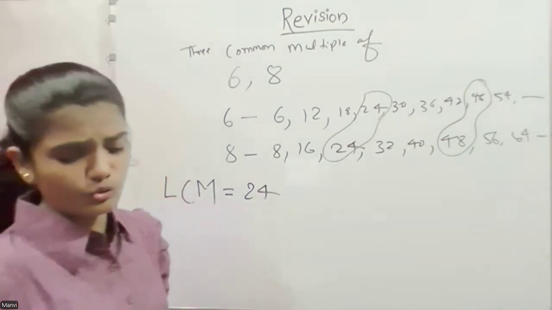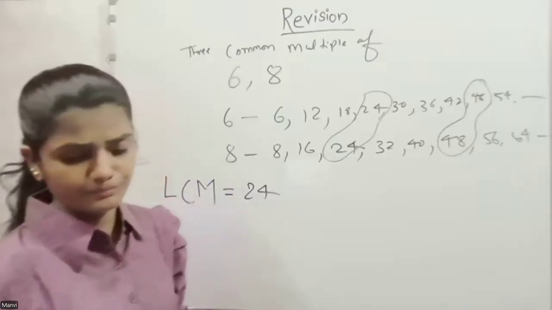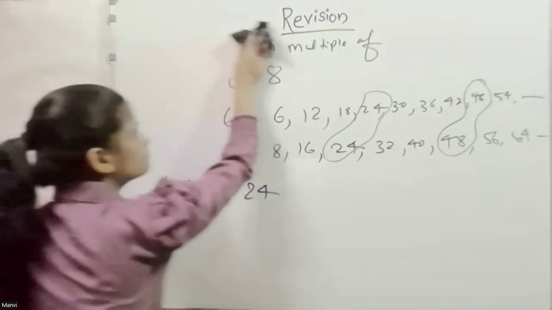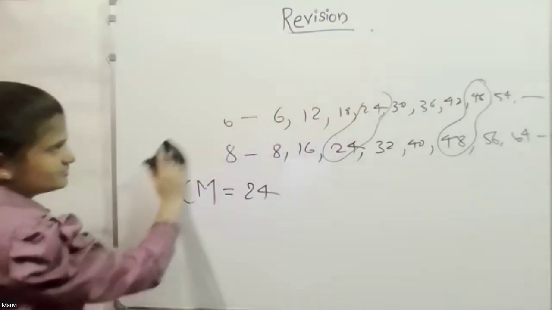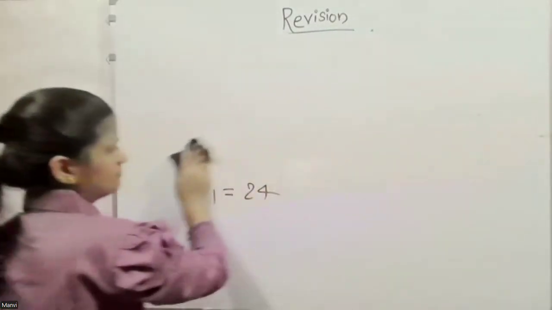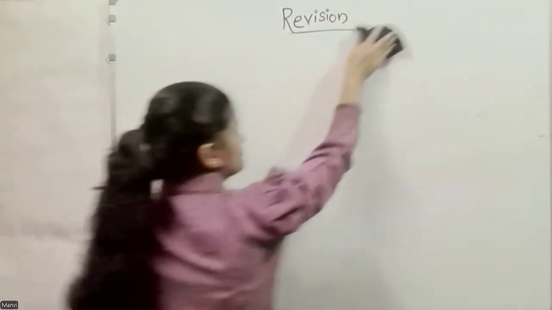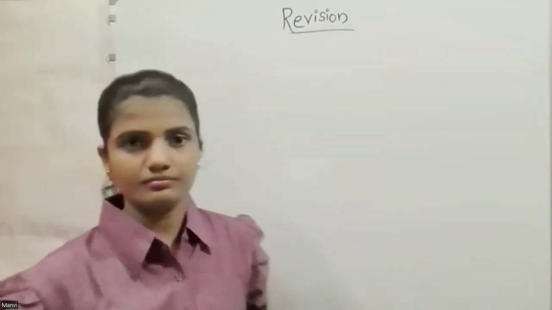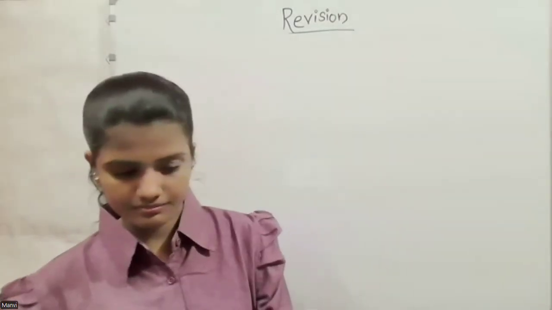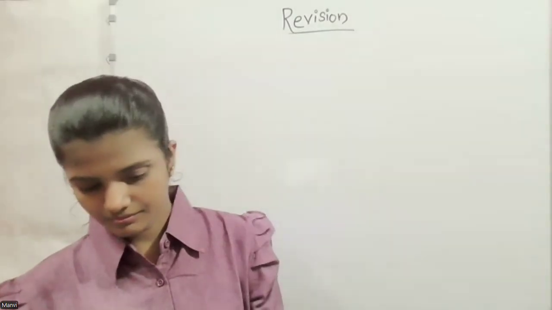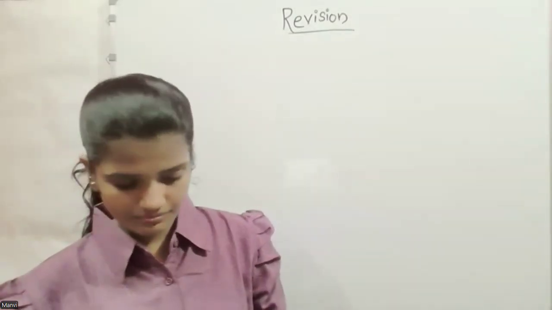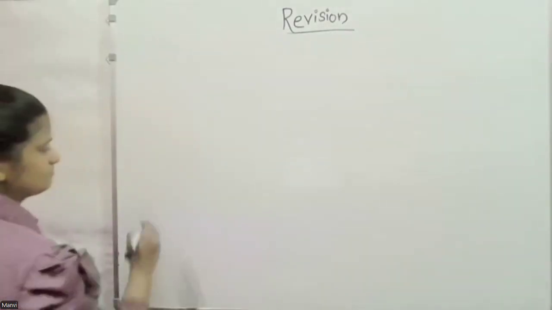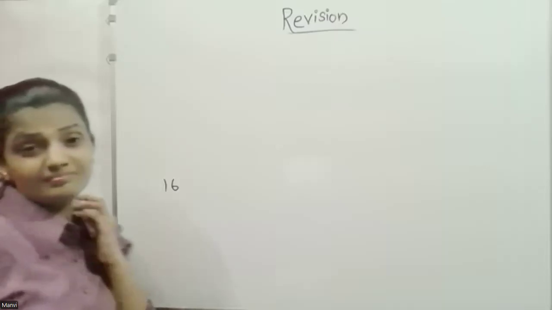Just tell me the answer for question number 21 from your sheet. That looks easy. First of all, 16, 24. 16, 24.